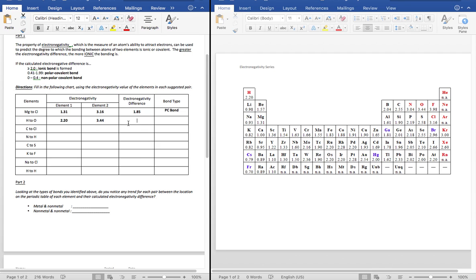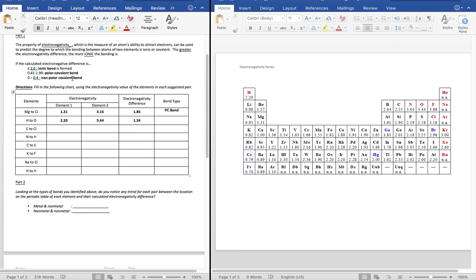So same thing, we're just going to do our difference. If I did 2.2 minus 3.44, I would end up with a difference of 1.24. Again, if you get a negative number, just make it positive. All we care about is the absolute value of the difference. So 1.24.